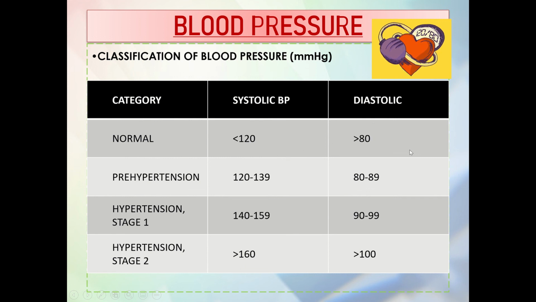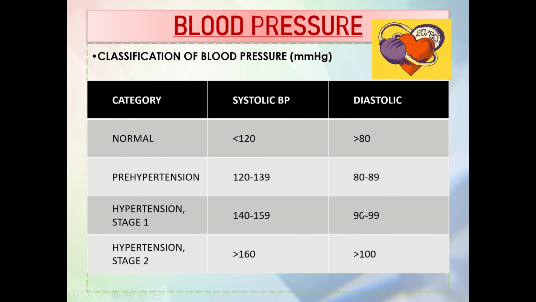Okay, so that is the normal category. 120 over 80, that is the usual. Next you have pre-hypertension, 120 to 139 systolic BP, while for diastolic it is 80 to 89. Hypertension stage 1, 140 to 159 systolic blood pressure, diastolic is 90 to 99.